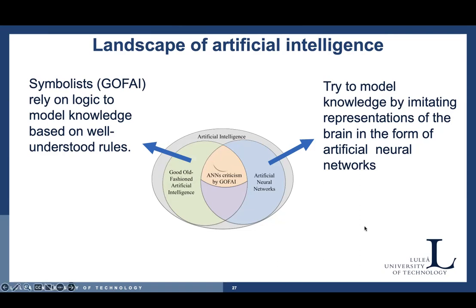I would say from the time when AI was coined until maybe very recently, the end of the 20th century, symbolic AI was on the top.